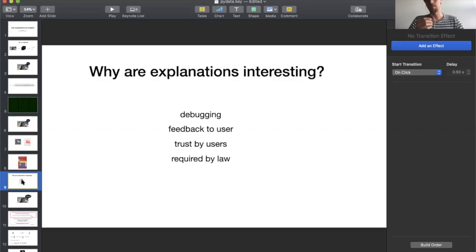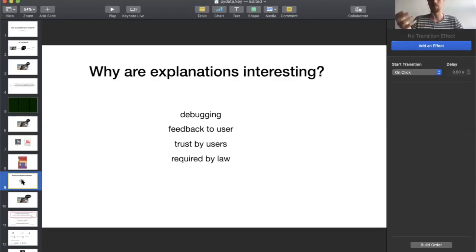Another one is feedback to users. And this is a really important issue, I think. Just imagine that you're a bank and you have some credit assignment problem where your customers come to you and they want to have a loan, and you have some kind of algorithm which gives a score of whether or not you should grant a customer a loan. And so normally you just get back a score, right? But for a user, it may be important to know why he or she got a really bad score.